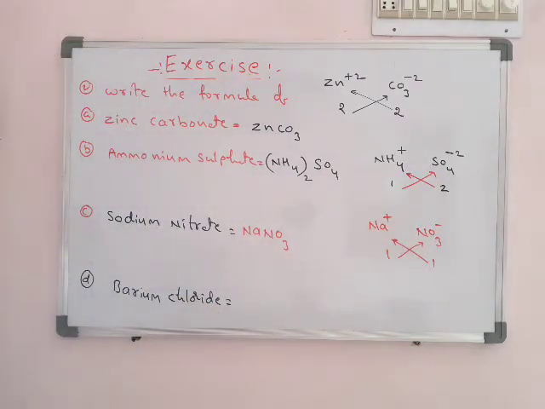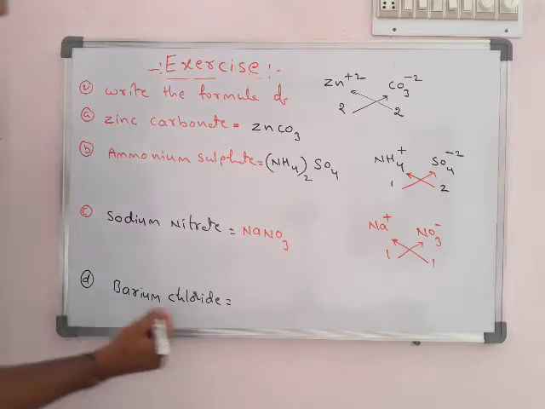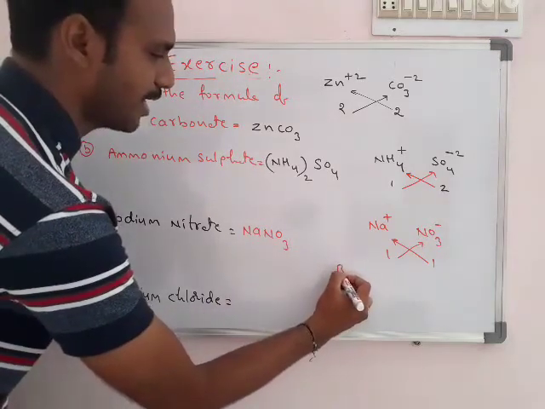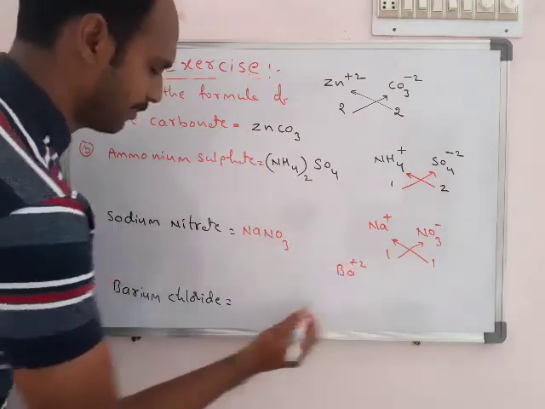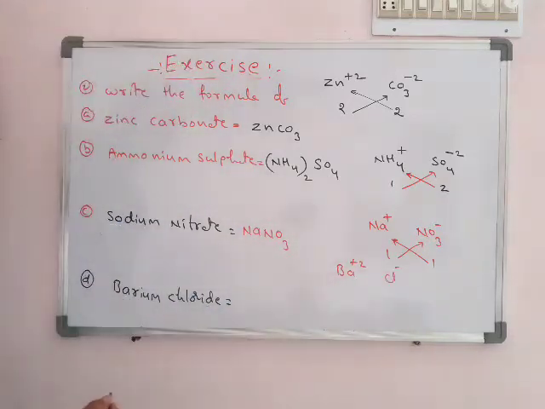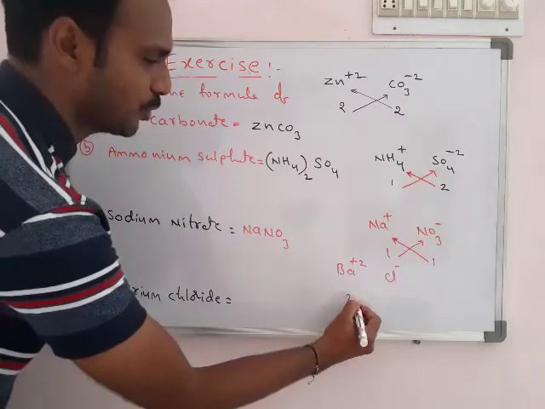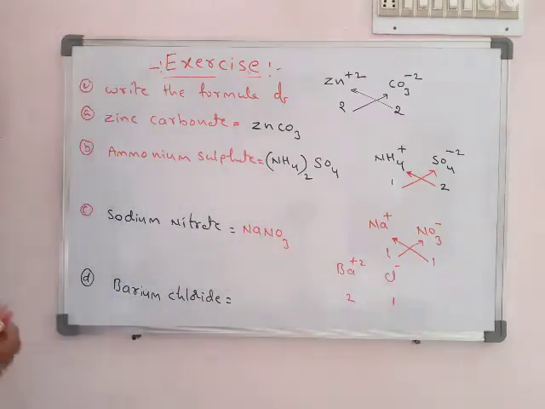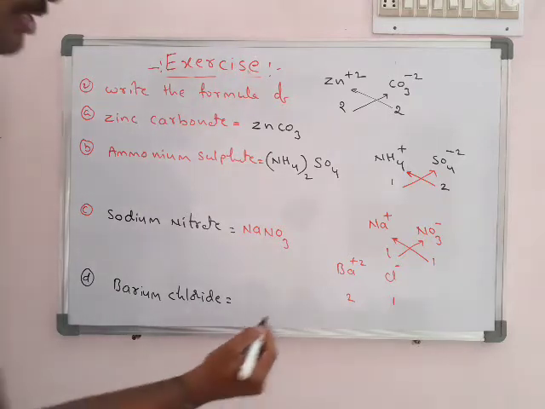Next, see barium chloride. What is the barium ion? Ba plus 2. What is the chloride ion? Cl minus. What are the charges? 2 units of charge here, 1 unit of charge here. So different charges are there.